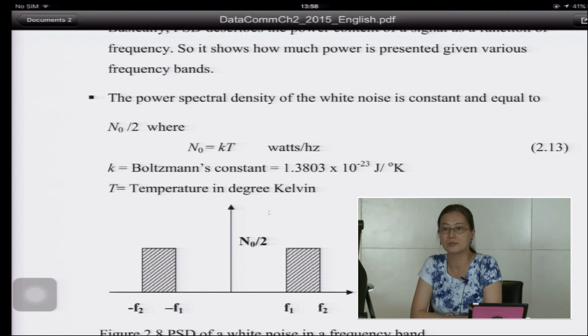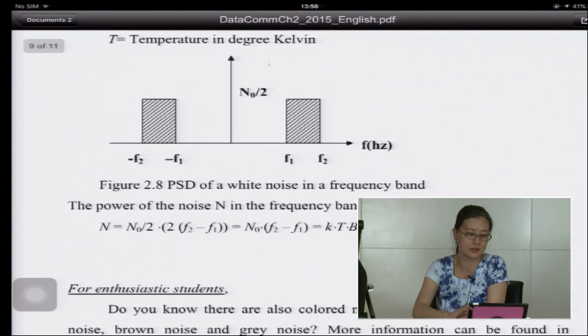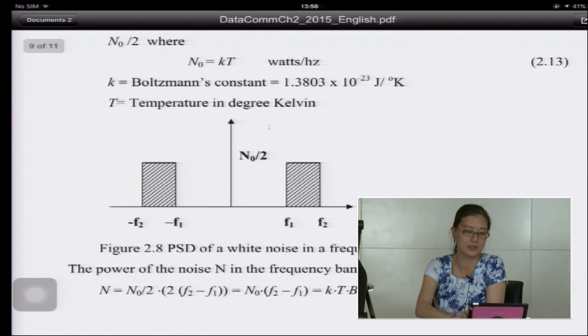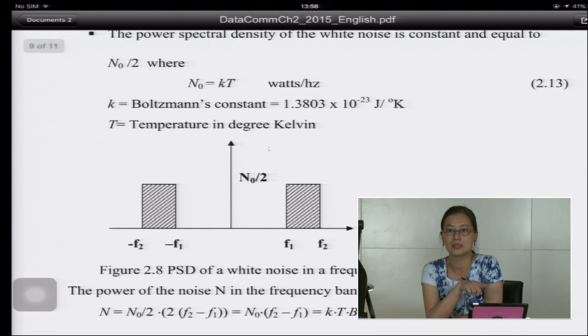So if you have Celsius, for example 30 degrees Celsius, then you have to add 273 to get Kelvin: 273 plus 30 is 303 Kelvin. And the higher the temperature, the higher the noise spectral density, right? From the formula here, N0 will be 0 when T equals 0, which is absolute zero, or 0 Kelvin.